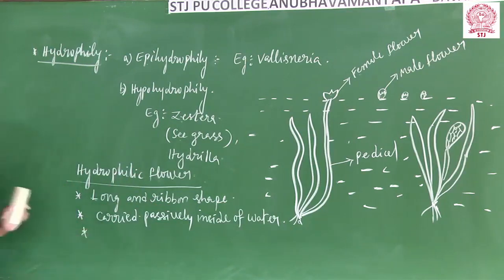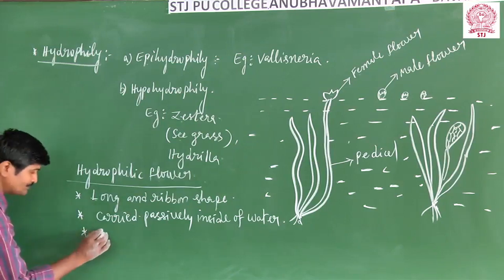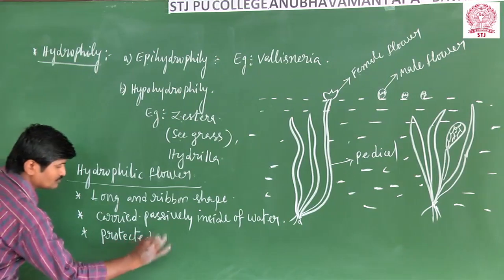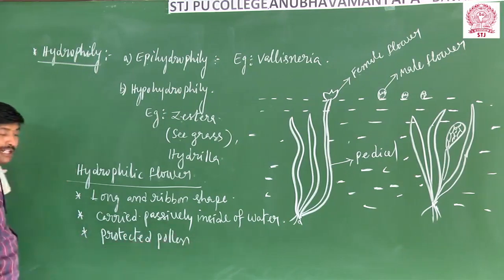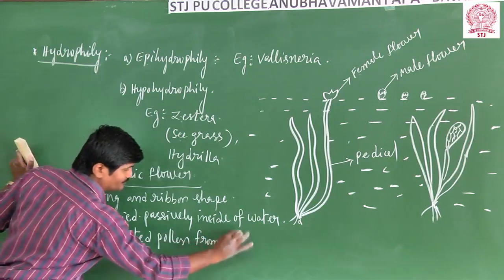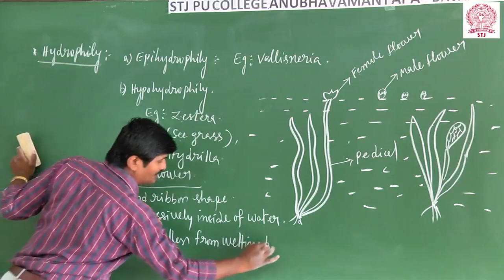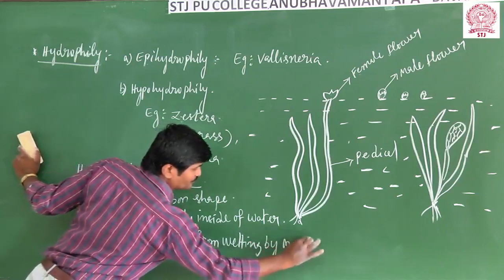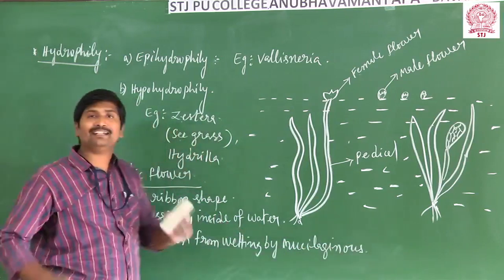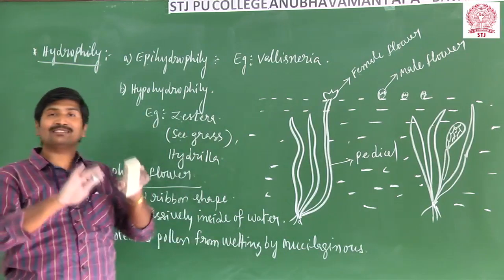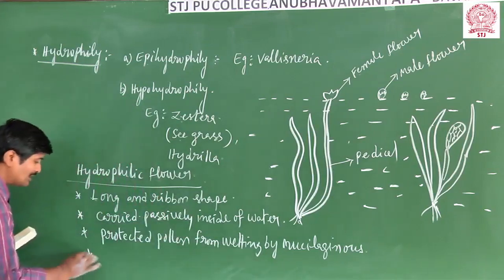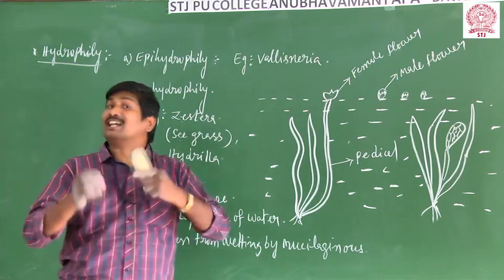Next, the pollen grains are protected from wetting by a mucilaginous covering. It is a gelatinous covering. So this gelatinous covering protects the pollen from wetting. Next one, the flowers are not very colorful.